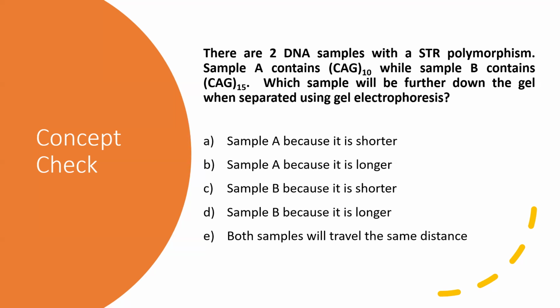How long is that? CAG 10 times, how long? 30. Does anybody not understand why it's 30? 3 times 10 is 30, right? Okay. How about this one? How long is this? 45. So is 45 longer or 30? 45. Which means this is going to go further, right? The answer is A. Understand?